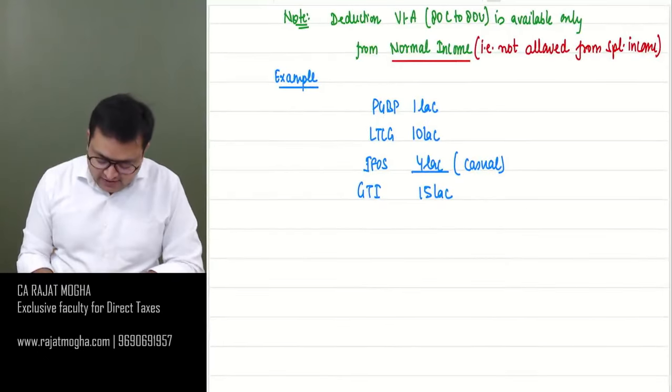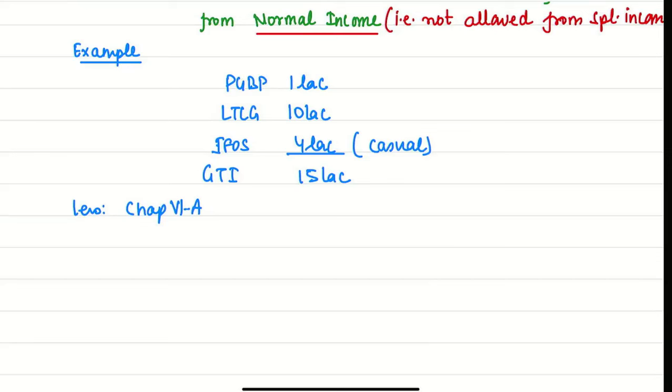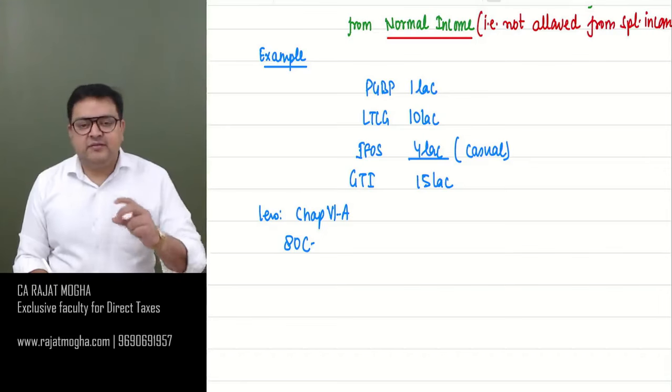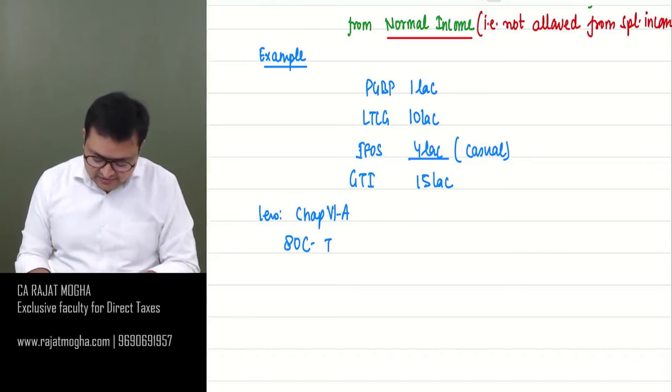Now, let's say you want to take chapter 6A deduction. For example, he would like to take 80C. Let's say in 80C, he has paid tuition fees for one of his children, for example 1,50,000 rupees.